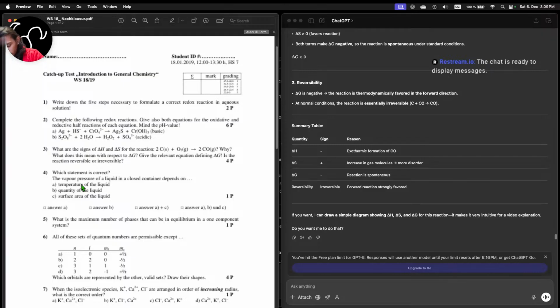So Cr goes from plus 6 to plus 3, gaining electrons. So that would be the reduction half reaction.